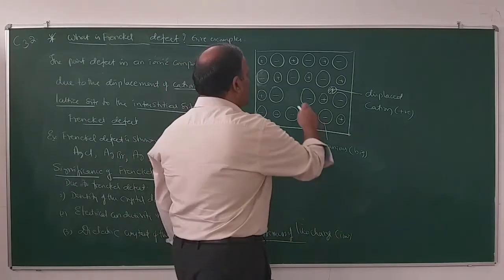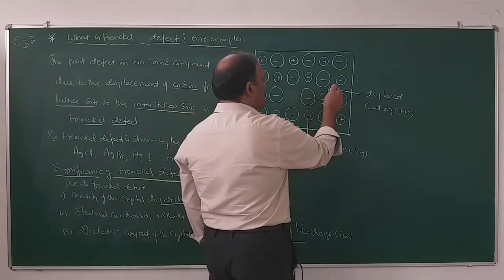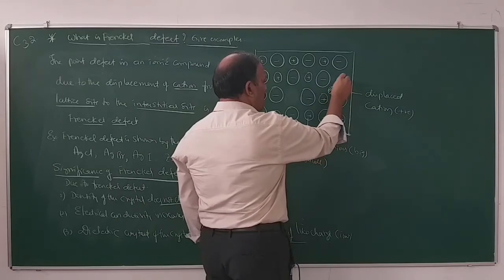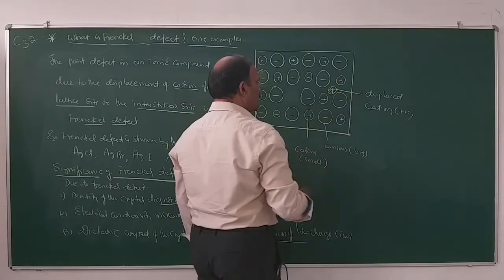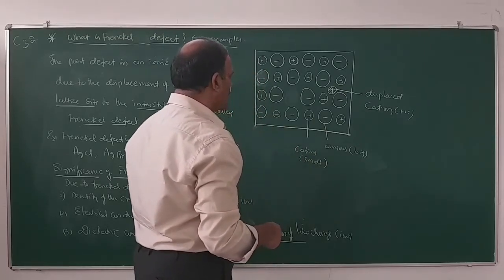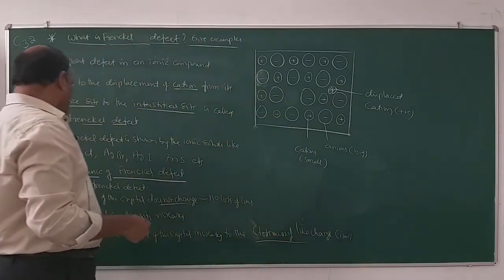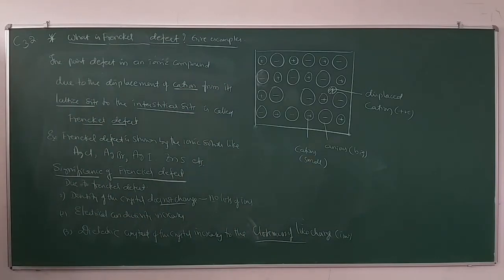Since the positive ion occupies this position, the closeness of these positive ions increases, therefore dielectric constant increases. So these are the three significances of Frenkel defect.